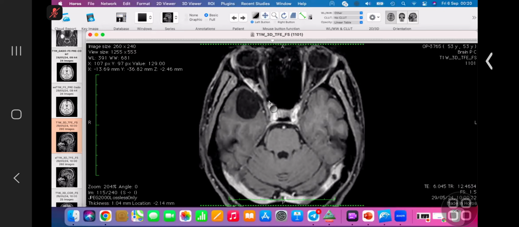Will a thickening enhance this avidly? Yes, it could be due to mass lesion. So what sort of mass are we talking about? Extraocular mass lesion with avid enhancement, which does not involve the optic nerve.